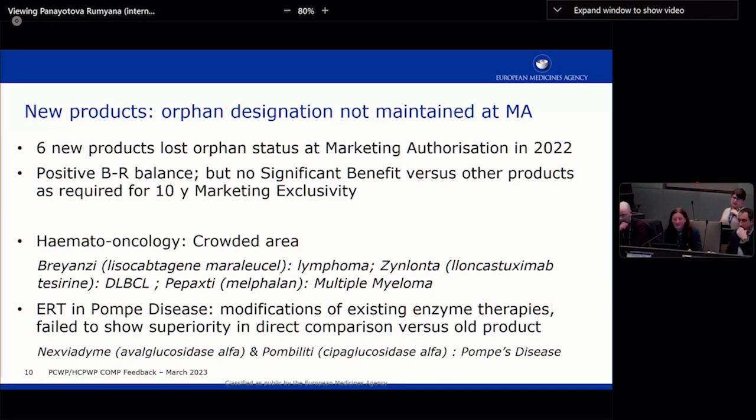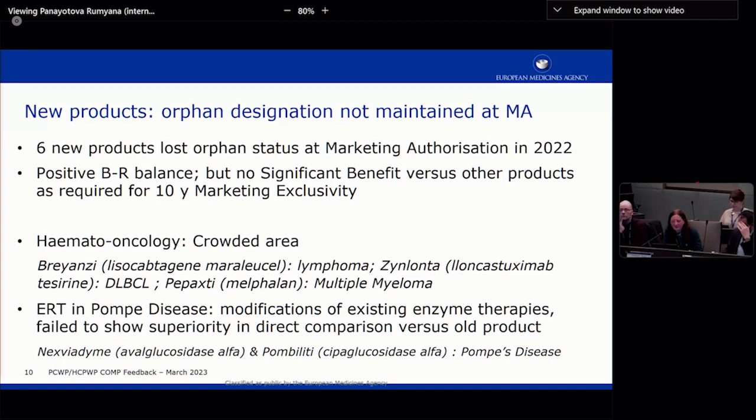It's a rare disease and a very heterogeneous disease, as most of these orphan diseases are. And in the end, in the studies, it could not be decided whether it was really superior. And there was even a discussion whether this could be considered as new chemical substances. So these are marketed, they have marketing authorization, but not anymore as an orphan product.